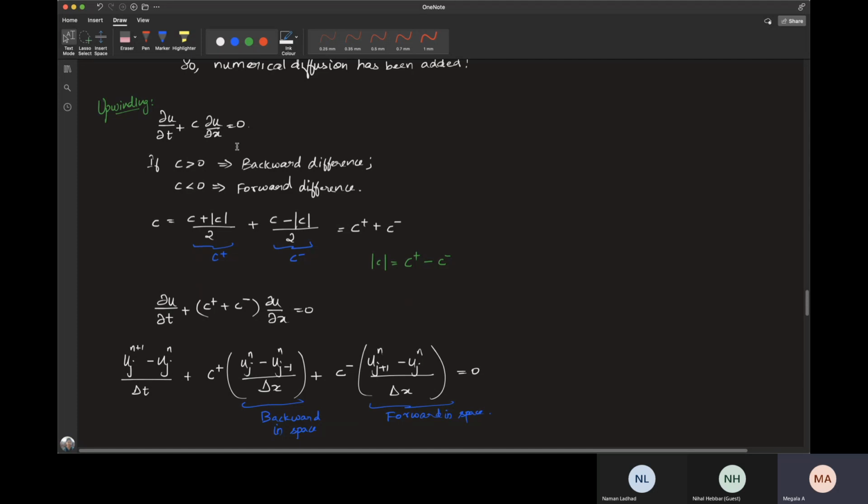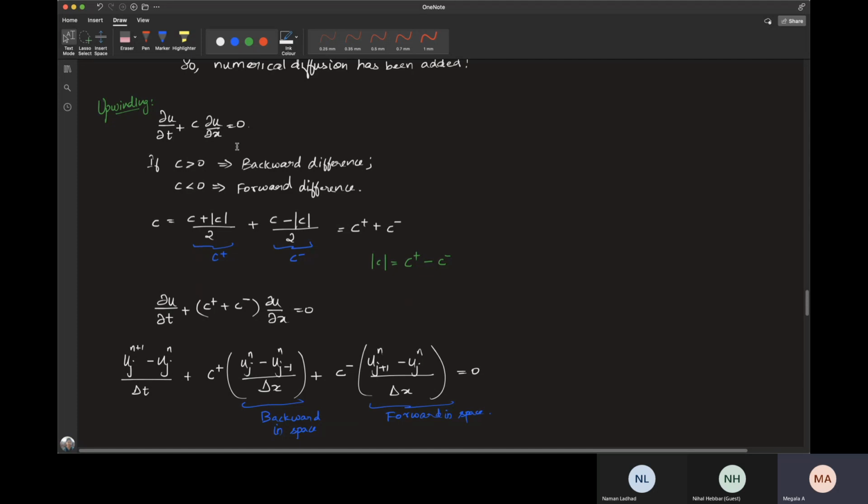So you need to take backward differencing, that is u at x j minus u at x j minus 1, because you are being influenced by x j minus 1 when you are at x j. And if you have c less than 0, then your wave is moving from right to left. So when you are at x j, you are influenced by x j plus 1, so you go for forward differencing. This is something we have seen earlier.